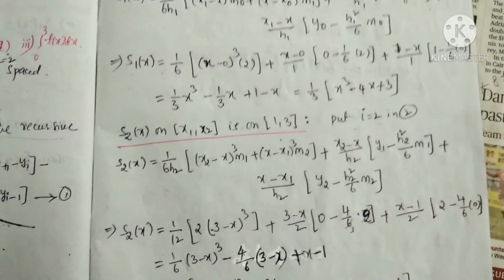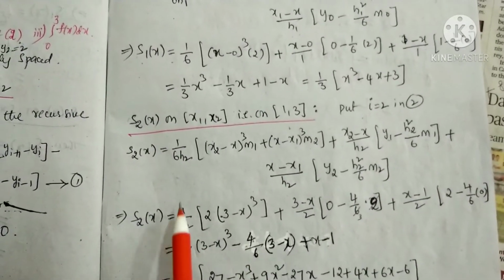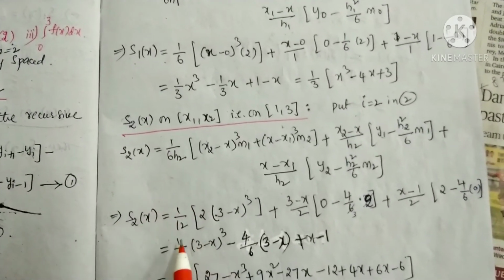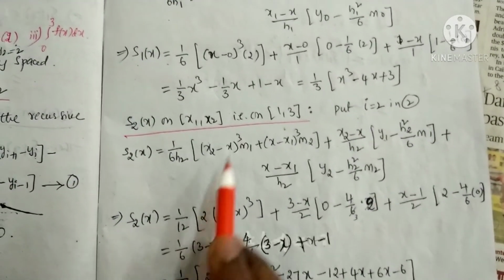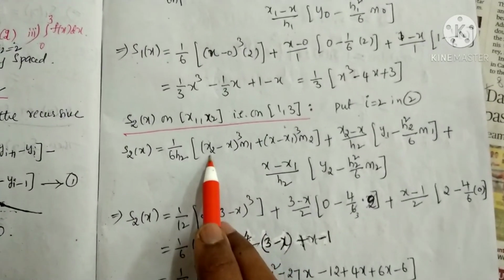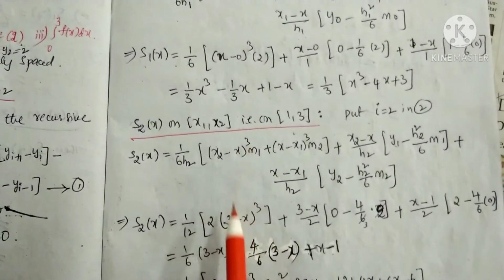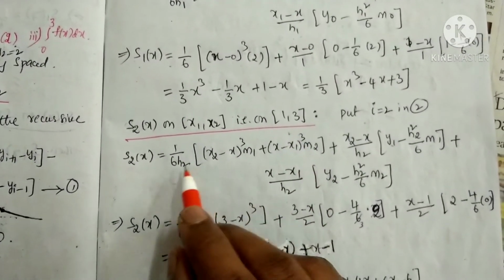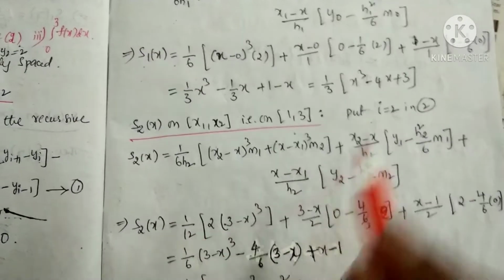We can use all the known data here, so that s2 of x equals 1 by 6 into h2, which is 2, 6 into 2 is 12. So 1 by 12 into m1 is 2, so 2 into 3 minus x whole cube, plus, as m2 is 0, the entire term becomes 0, so this term is closed.